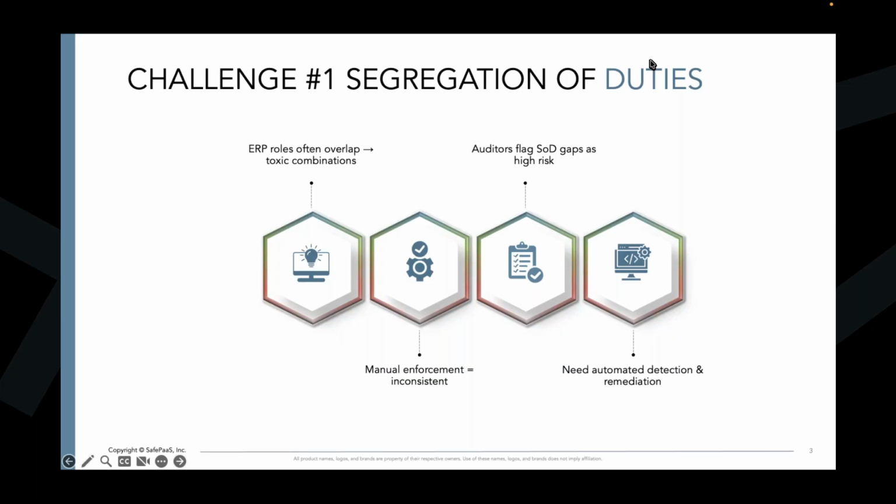Unfortunately, the scope of work that we have seen from the implementation partners does not include readjusting or redesigning the roles. There might be some superficial effort to rename and relabel just for clarity, but the underlying toxic combinations are generally not removed.